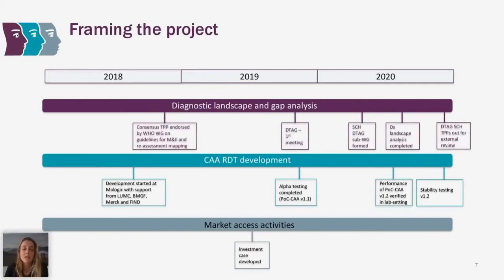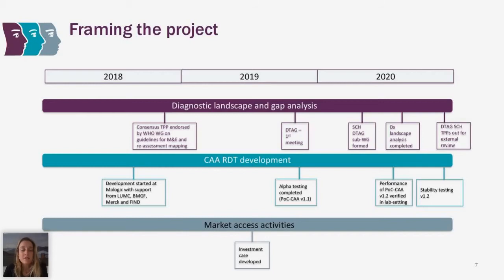To give you a bit of context of the project and the work that we've done since the start of the project, the first part is really about defining the target product profiles, the TPP. That's a document that is required by the test developer company, where it outlines all the attributes of the test that is then used to produce the RDT or the diagnostic test that you want.